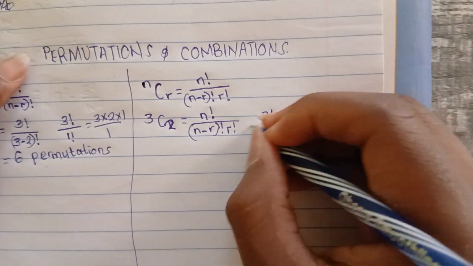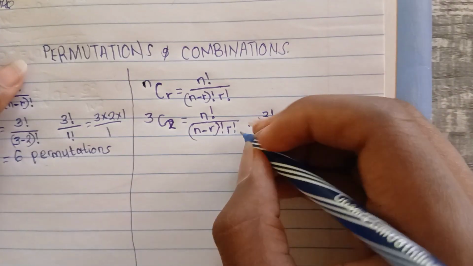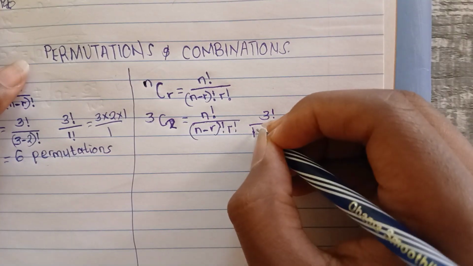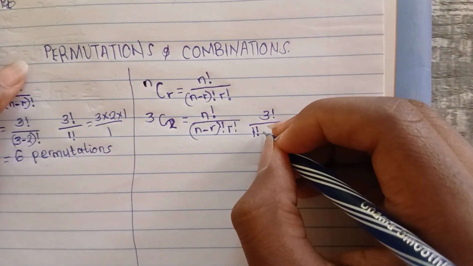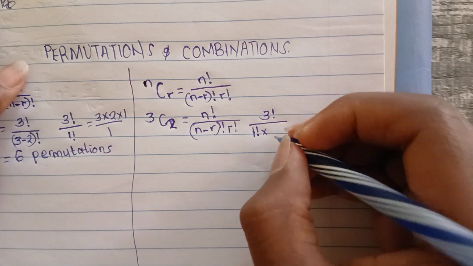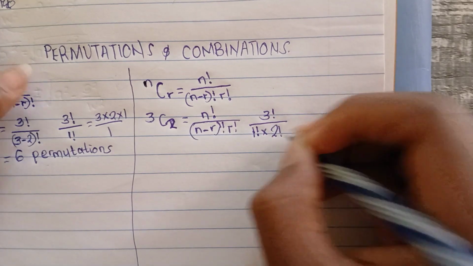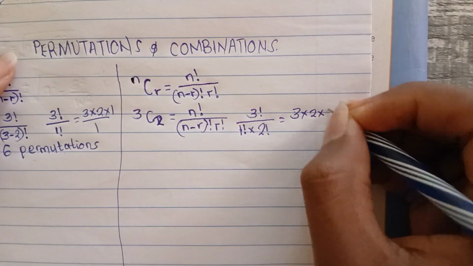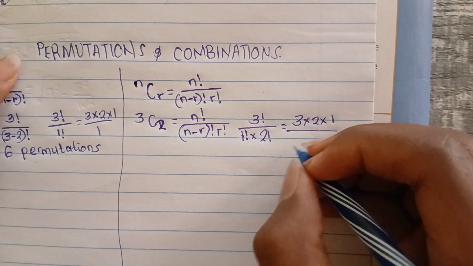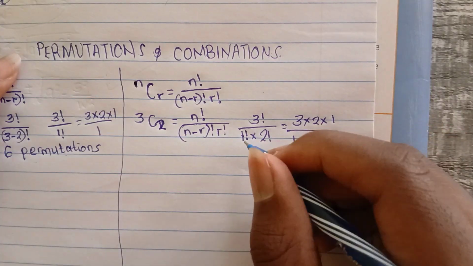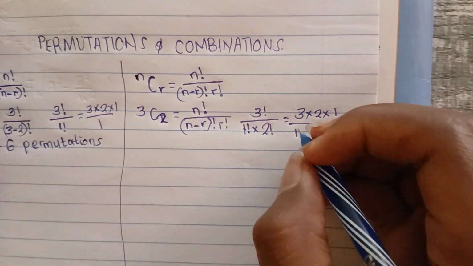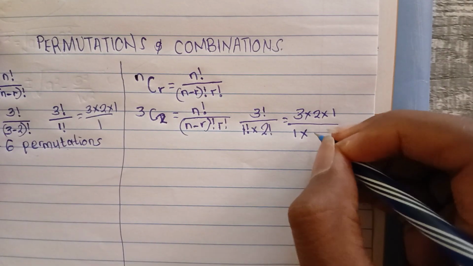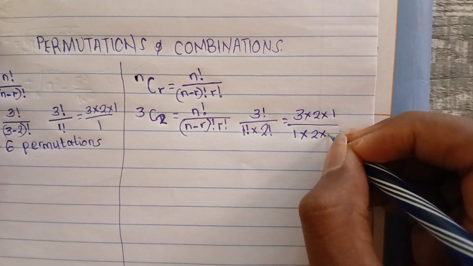Over n minus r, it is 3 minus 2. That is 1 factorial. 1 factorial times r factorial, and r is 2, so that is 2 factorial. So that will be 3 times 2 times 1 over 1, because we said 1 factorial is 1, times 2 factorial, which is 2 times 1.